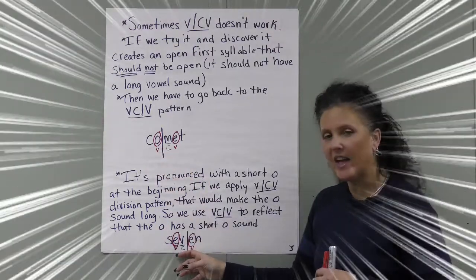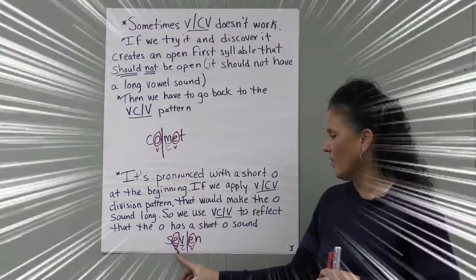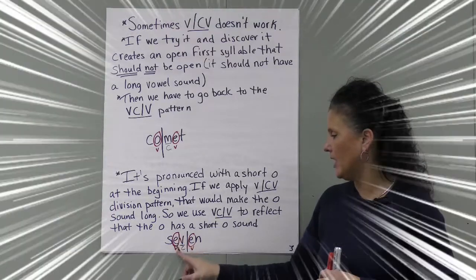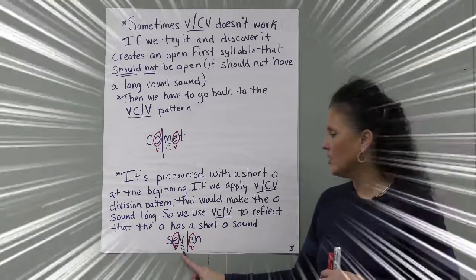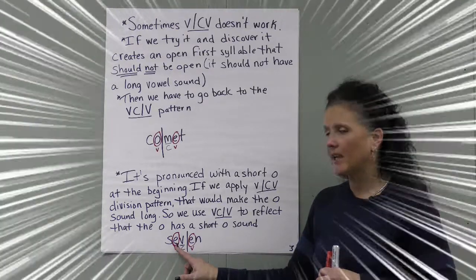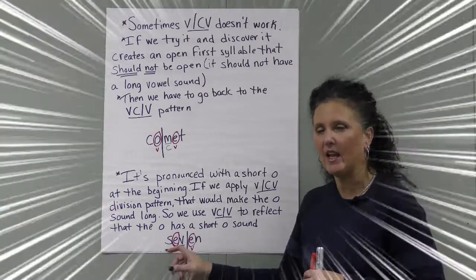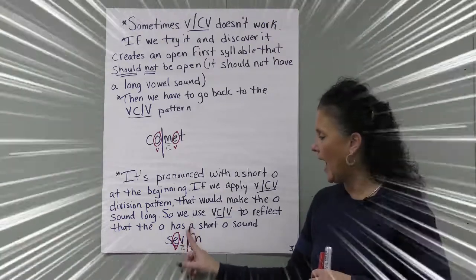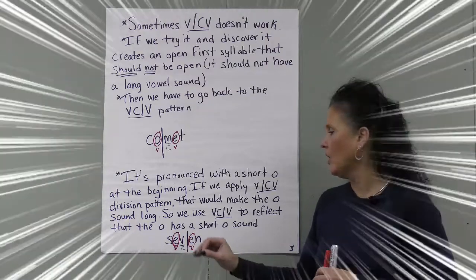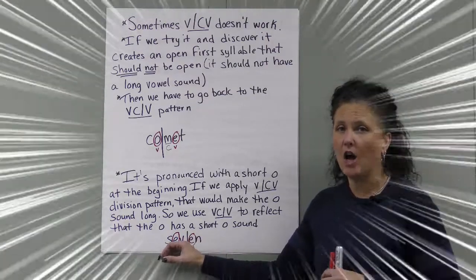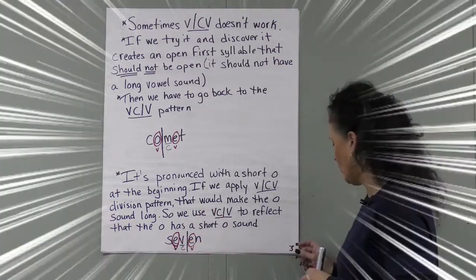Like this 7 is the same thing. Here's our vowel, the E in the beginning of the word and the E in the end. The consonant V is in the middle, right? So we don't want this to be a long E. They both have to be short, so we have to separate it after the V before the E because we don't want to stress this as a long E because it's not. It's 2 syllables.